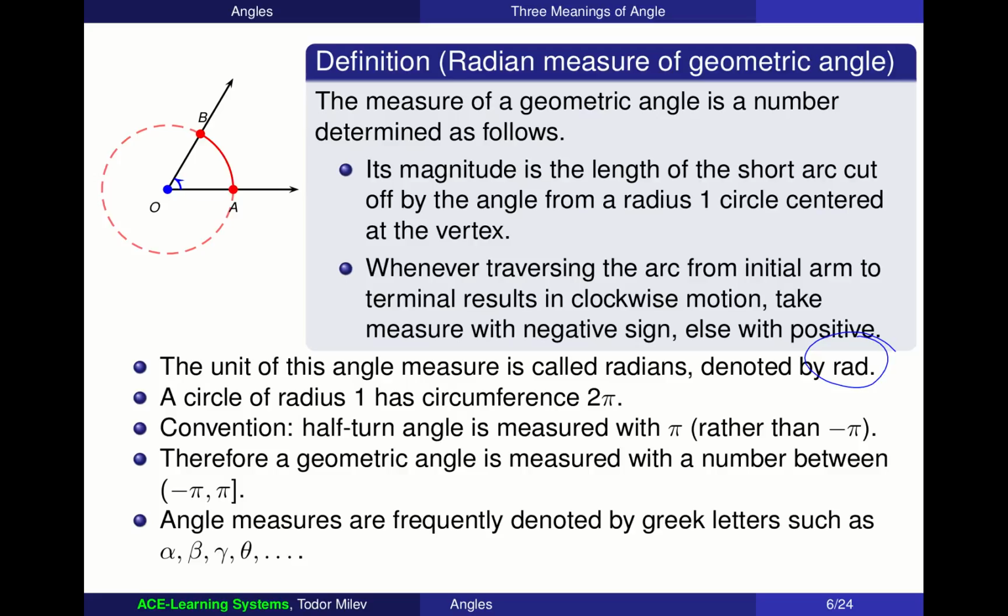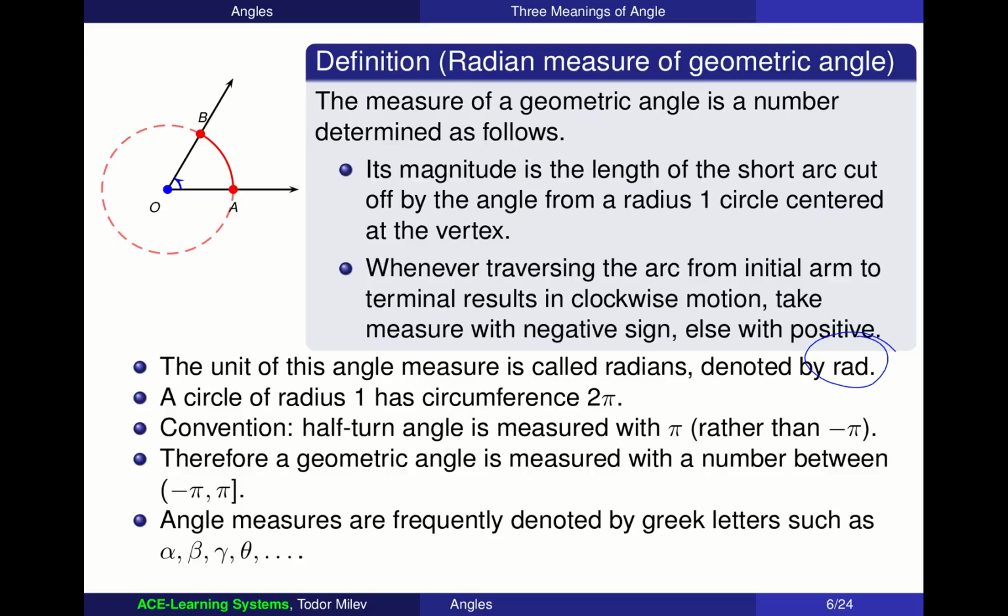When we speak of the measure of a geometric angle, whether it should be assigned measuring units or not is actually a matter of convention, that is not fixed.